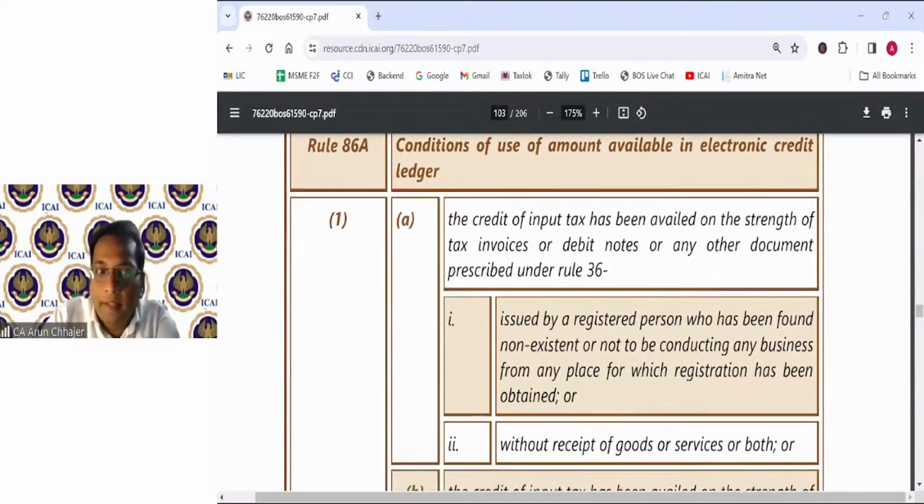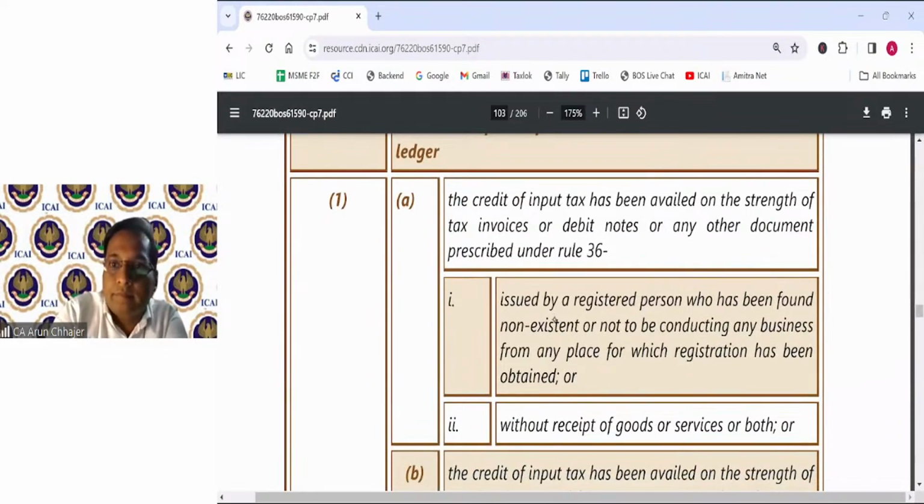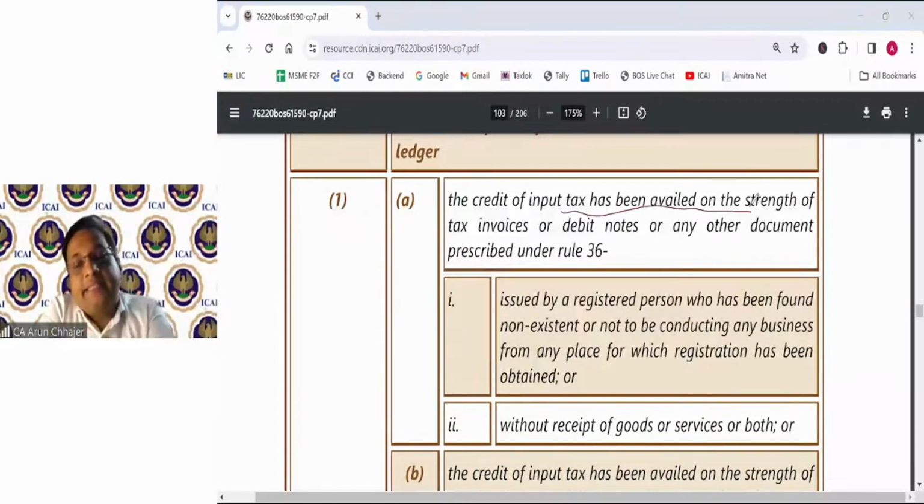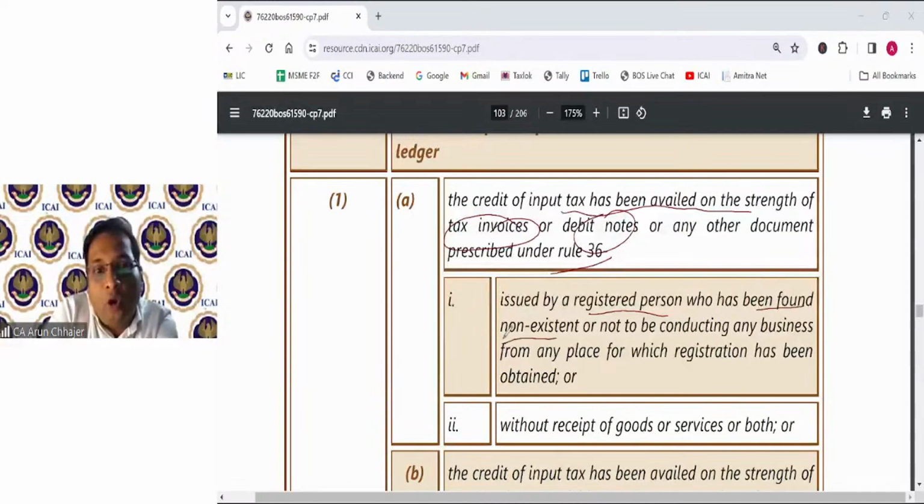When can they block? It says that credit of ITC has been availed on the strength of a tax invoice or debit note or any other prescribed document as per rule 36, issued by a registered person who has been found to be non-existent or not conducting any business from any place for which registration has been obtained.